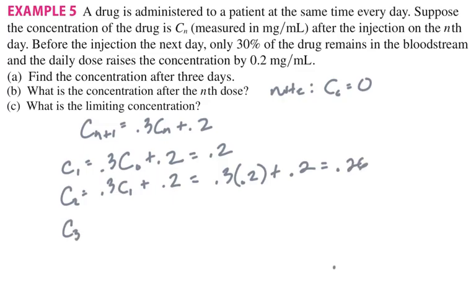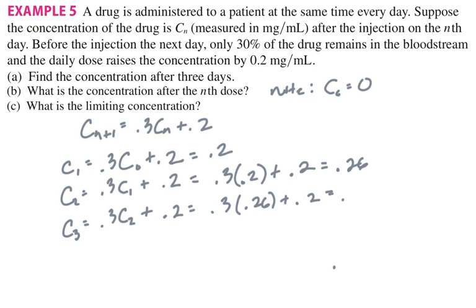And then C3 equals 0.3 times C2 plus 0.2, which is 0.3 times 0.26 plus 0.2. So this equals 0.278. That's one of these recursive sequences that we talked about the other day. So the concentration after 3 days for part A is 0.278.